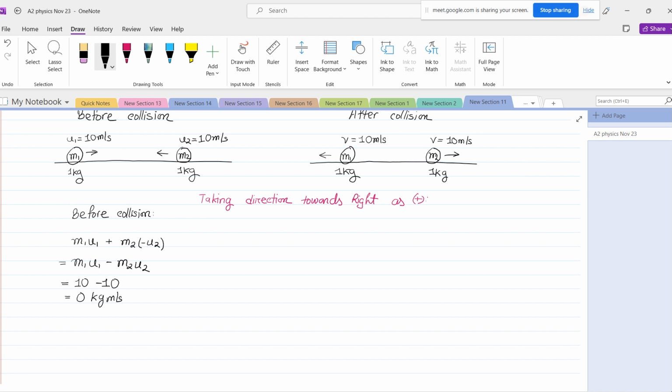For after collision it will be m1 v1 plus m2 v2. Now here v1 will be negative because particle 1 is moving in the negative direction towards left. So the final would be minus m1 v1 plus m2 v2, and if you put in the values it will be negative 10 plus 10. Obviously the final momentum is again going to be 0 kg meters per second.